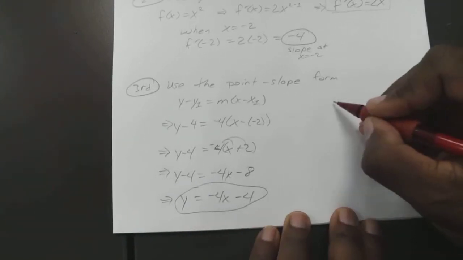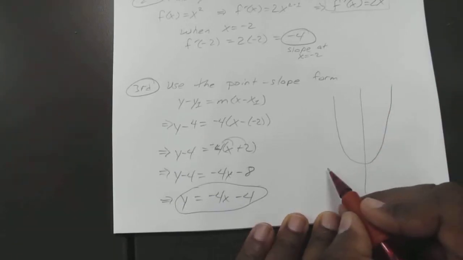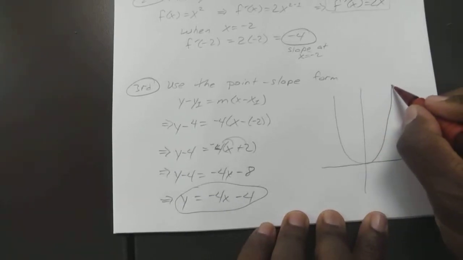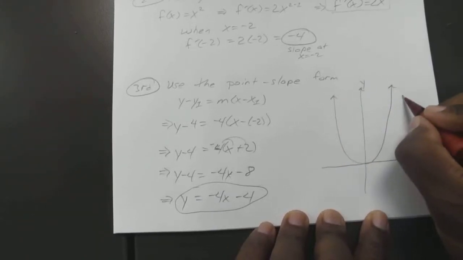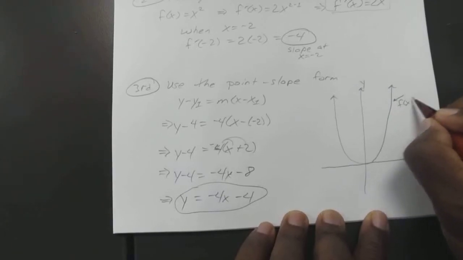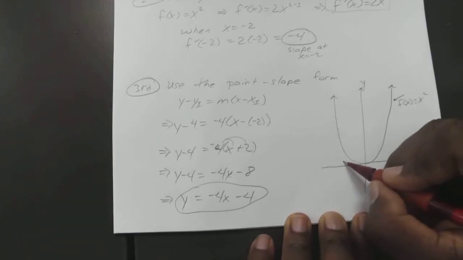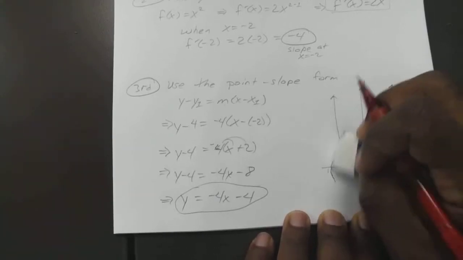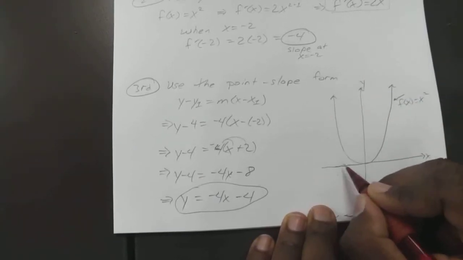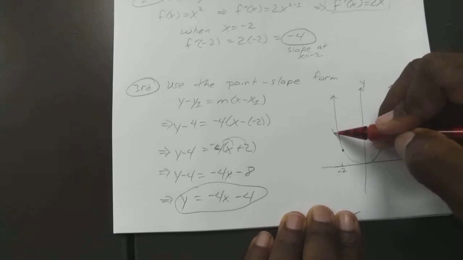So to give you an idea of what that told us, let's say this is your y-axis, this is your x-axis, and this is the graph of f of x equals x squared. If you go to negative 2, right on the graph at that point, you have your tangent line.